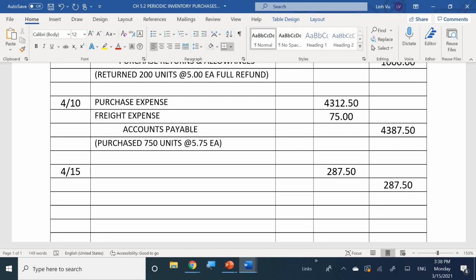So what are my accounts going to be? Accounts payable, right? We increased our liability when we made the purchase on account. So here we didn't make a payment yet, so we're going to reduce our liability. And what's my equal and opposite credit that I'm going to do here? Where am I going to place it? Purchase returns and allowances. Good.